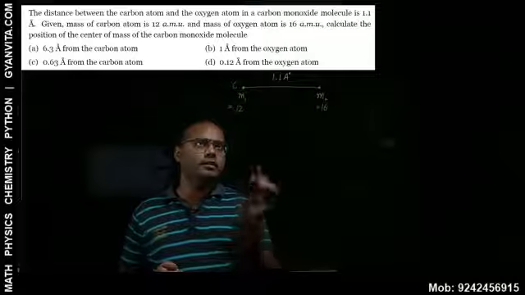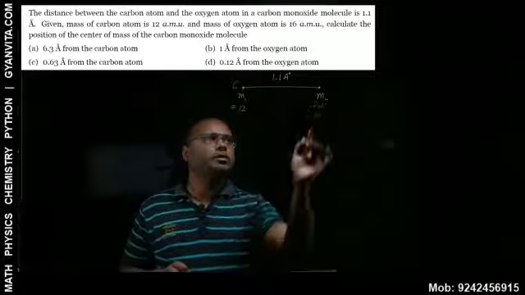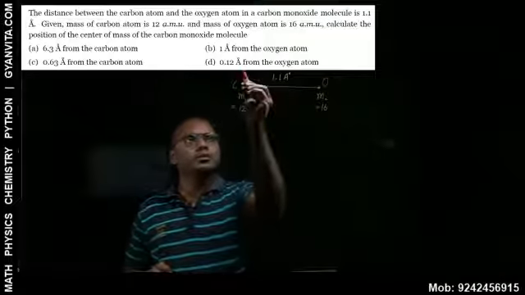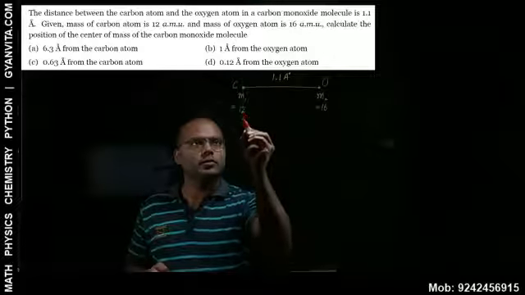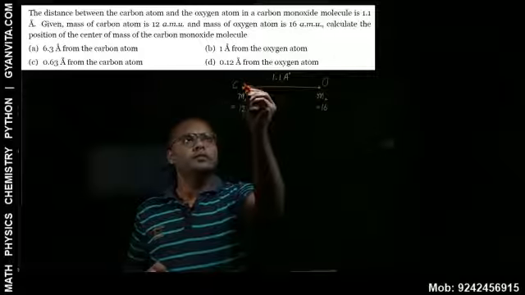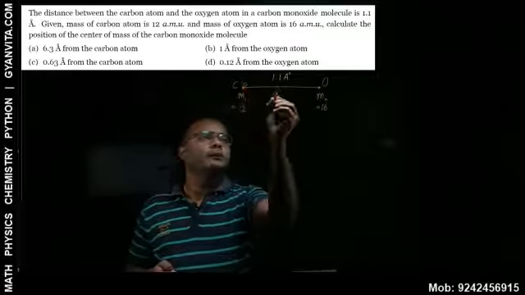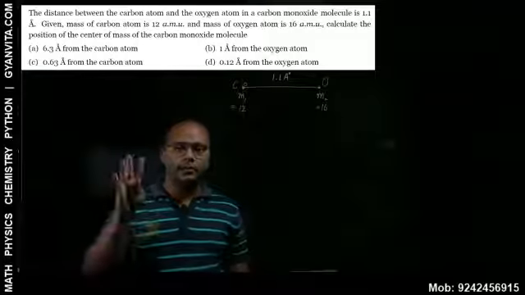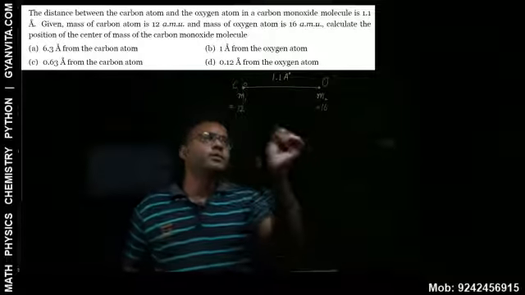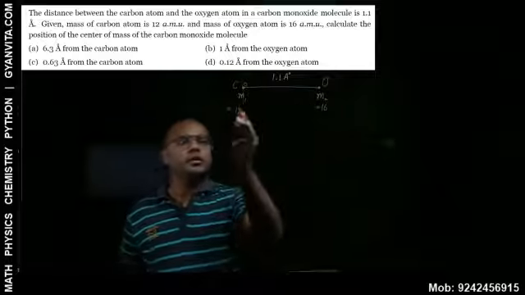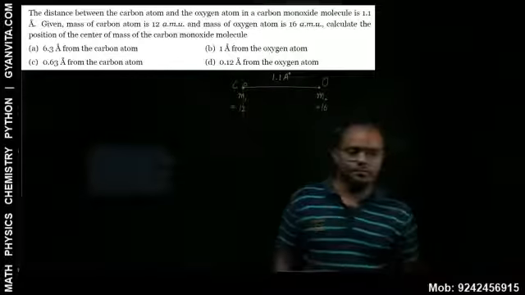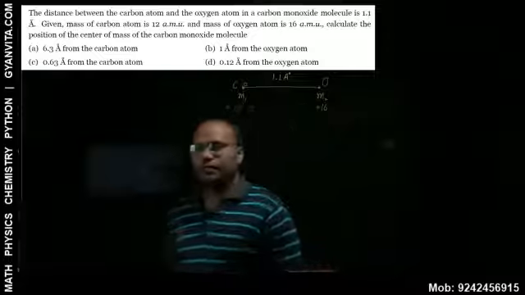That reference or origin can be carbon or oxygen. It can be anything. It is up to us. So suppose we take this as origin, that is O, then the center of mass will be somewhere on this line. And will that center of mass be near oxygen or near carbon? Will it be near to oxygen or will it be near carbon?